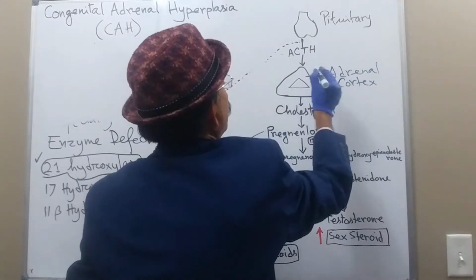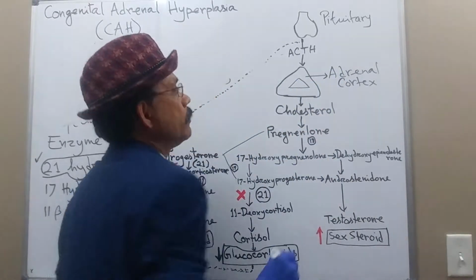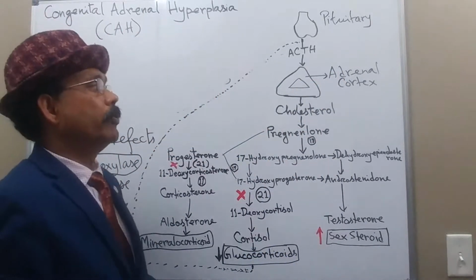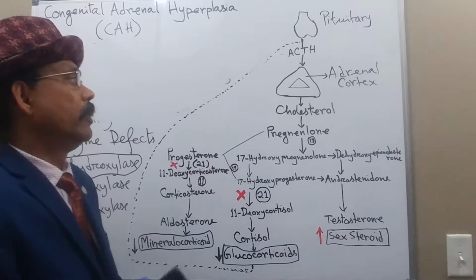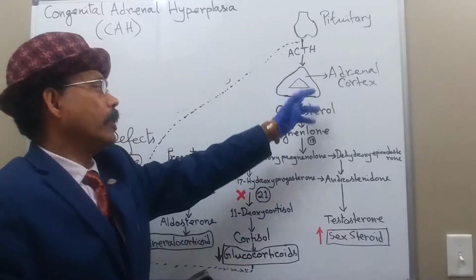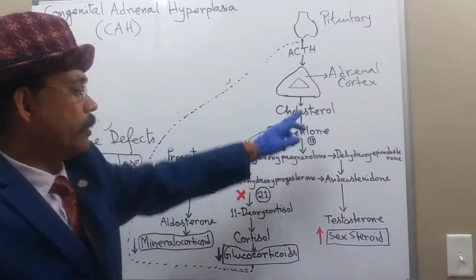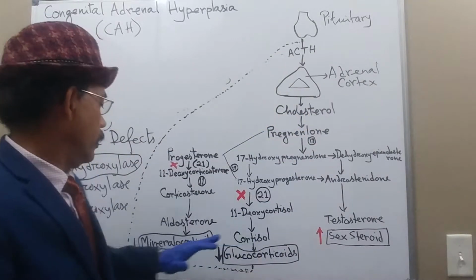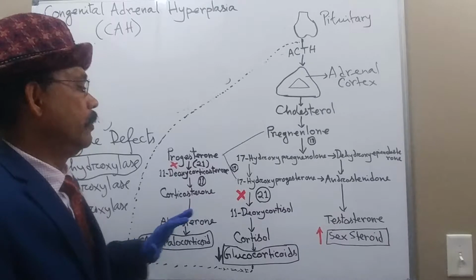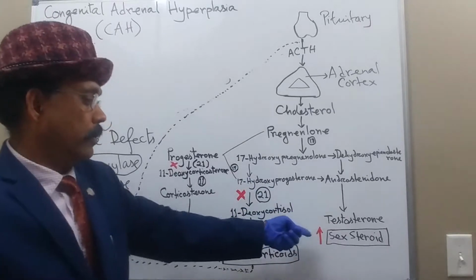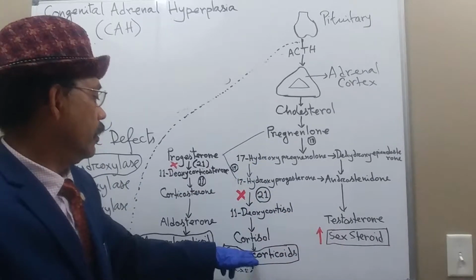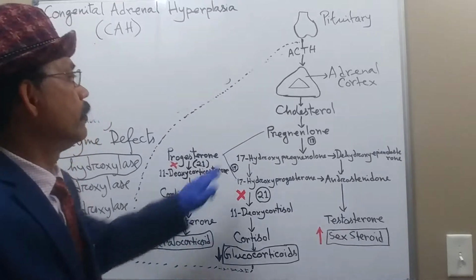This is the adrenal cortex, this is the adrenal medulla. In the adrenal cortex, we have the synthesis of the cortisol and the aldosterone, and also partly the sex hormone, mostly the cortisol and aldosterone.